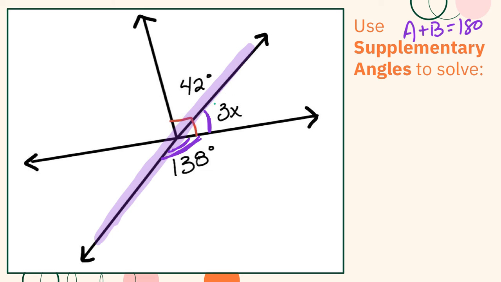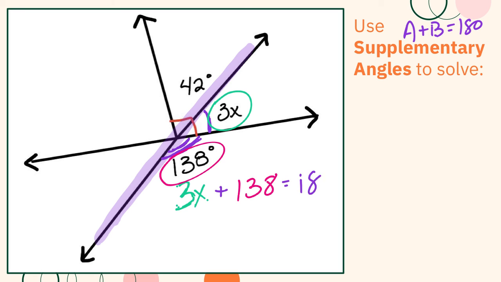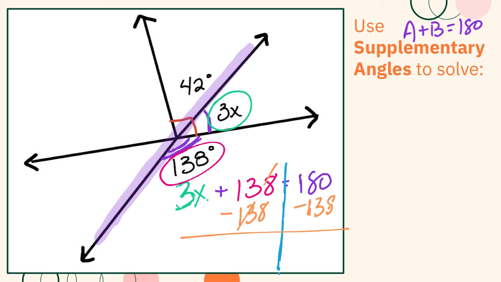So I'm going to take my 3x, add 138, and that's going to equal 180 because I'm solving for this using supplementary angles. So then I can go ahead and subtract 138 on both sides. So I'm left with 3x equals 42. When I divide by 3, I get that x equals 14.